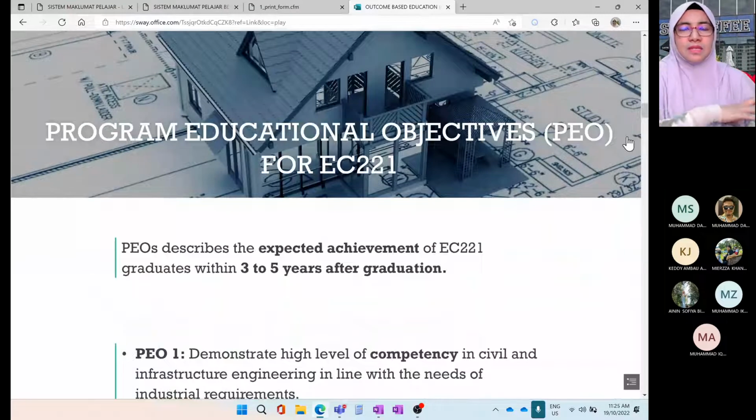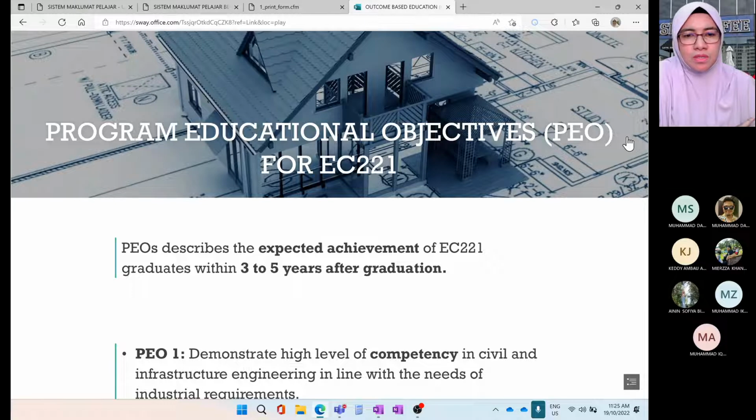Since we are subject to the OBE framework, it starts from curriculum review. What is inside the curriculum is all based on the OBE standard which we need to refer to, which actually comes from the Washington Accord.